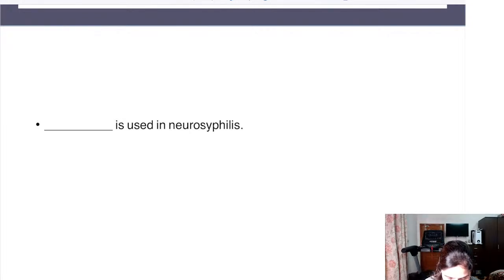Yes. Okay. So penicillin G. ठीक है, penicillin G is used in neurosyphilis because the other जो benzathine penicillin है doesn't have a good penetration.